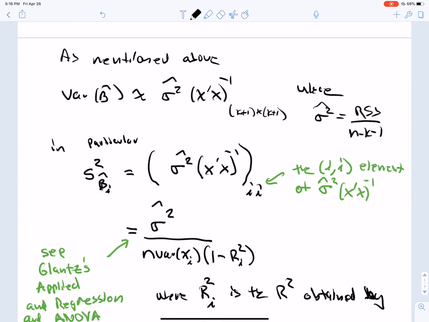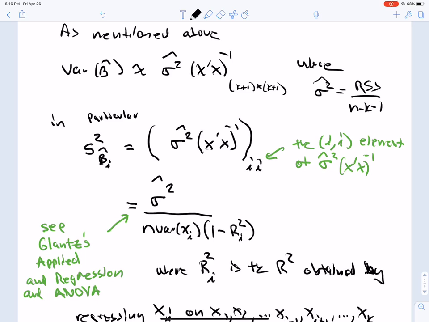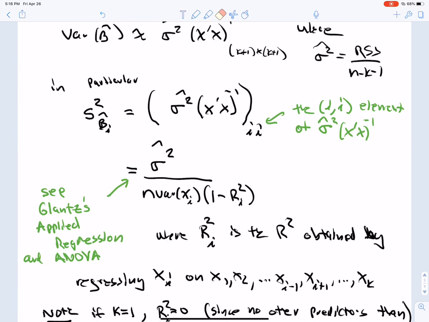I'm borrowing a fact from Glantz's applied regression and ANOVA book, that this is sigma squared hat over n variance of xi times 1 over 1 minus Ri squared, where Ri squared is the R squared obtained by regressing xi on x1 up to xi minus 1, skipping xi plus 1 up to xk.